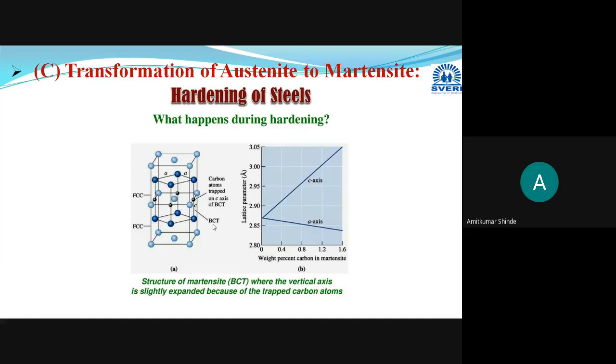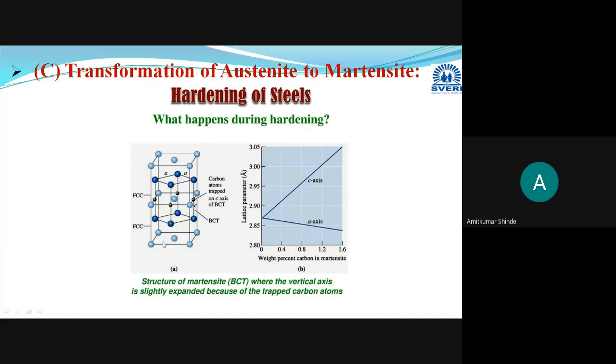Due to the shear mechanism, what will happen here? During the shear, the vertical axis will get contracted, and the two horizontal axes will extend slightly, or adjust in such a way that they become equal in size, and they will form the BCT crystal structure, body center tetragonal.